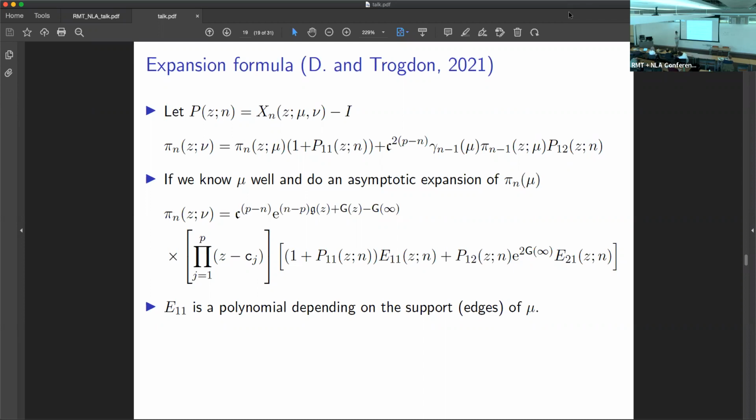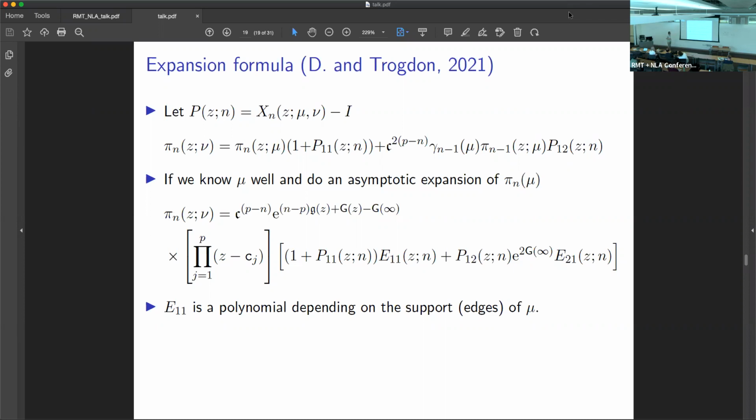I don't want to explain all these quantities here. They essentially come from the asymptotic expansions for the orthogonal polynomials, and are related to theta functions. If you're interested, everything can be computed explicitly. Even though it's really complicated, everything can be computed via numerical computations, at least for a general class of random matrix models.